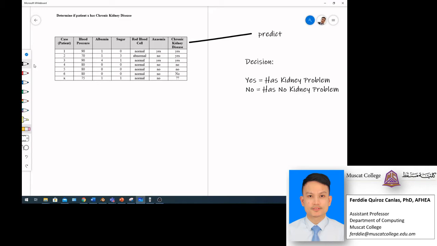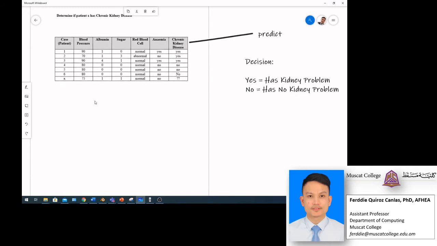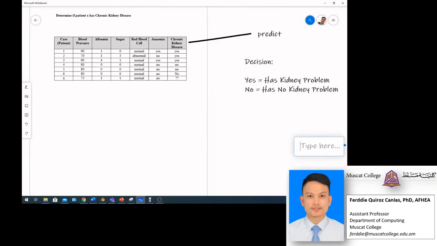So on the blood pressure, what kind of data is this? Blood pressure is what kind of data? Continuous or discrete? Let's try to talk first about the types of data.